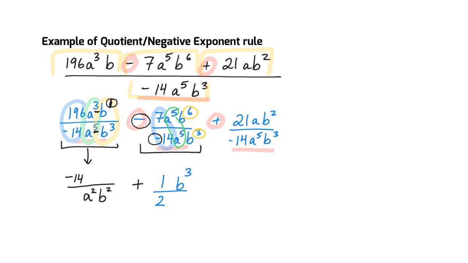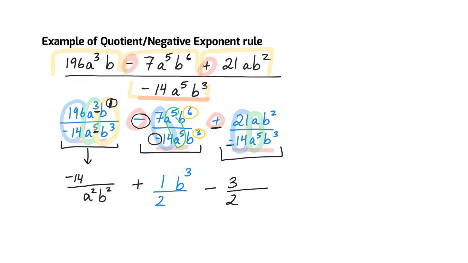Then I go to my last fraction here. I have a positive sign and a negative sign. This tells me that this fraction is going to be negative. I then focus on my numbers, 21/14. I can reduce that by 7 to give me 3/2. I then focus on my A's, 1 A on top, 5 A's on the bottom.